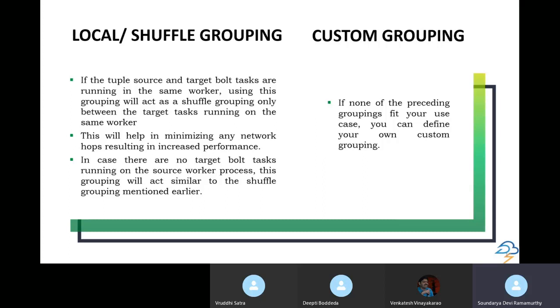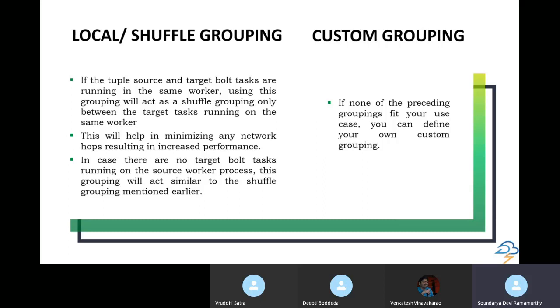This is used because if the shuffle grouping is happening across all the worker processes, this increases the network travel. So, minimizing the network travel, thereby increasing the performance, we are using local or shuffle grouping. If the source bolt and the target bolt are not available in the same worker process, it will automatically perform the normal shuffle grouping.